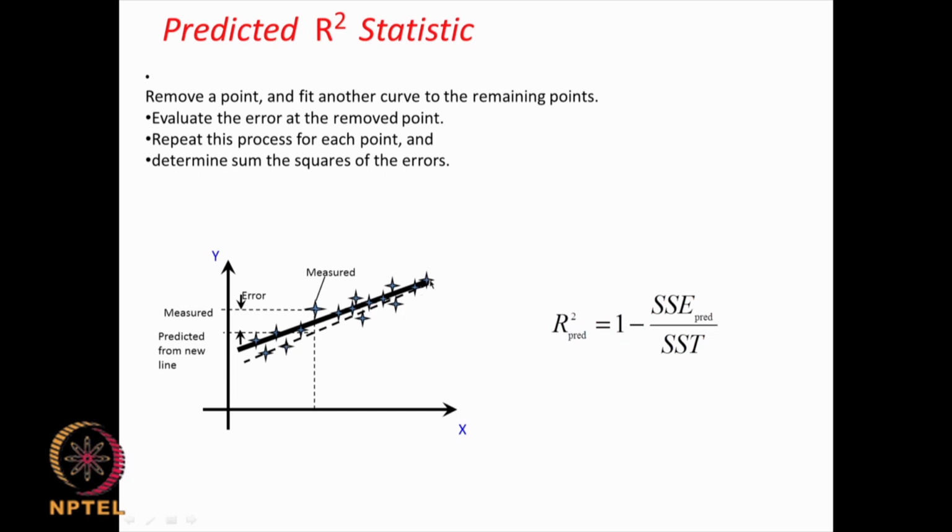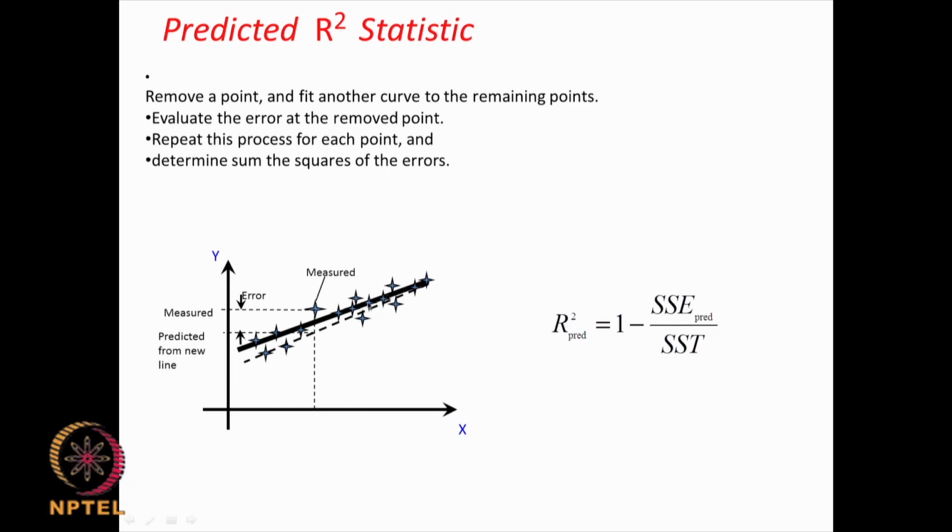Of course, the prediction will not be exact, so there will be some difference, you square it, that we call error. Okay. Then you put that point back, you remove another point, and then with the new set of 9 points you fit an equation and then try to predict the value for the data point which was left out. Again you will get some error, you square it.